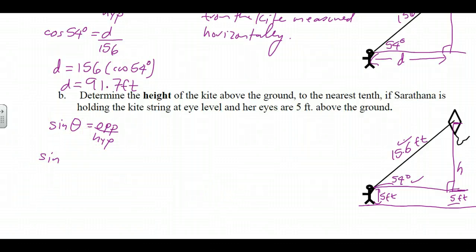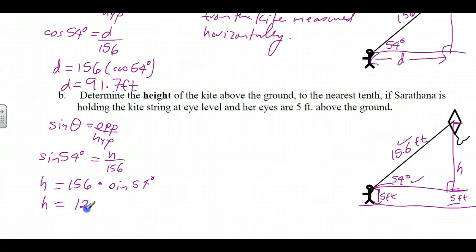Sine, okay, we know the angle, it's 54 degrees. The sine of 54 degrees is equal to opposite, which is h, over 156. h is equal to 156 times the sine of 54 degrees. h is equal to 126.2 feet. The height, okay, that's this height, the height of the kite will be that plus 5.